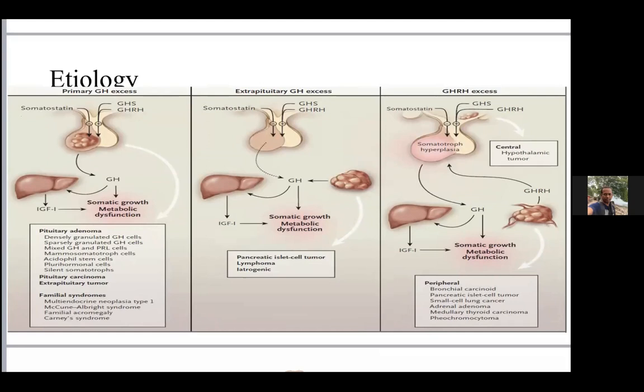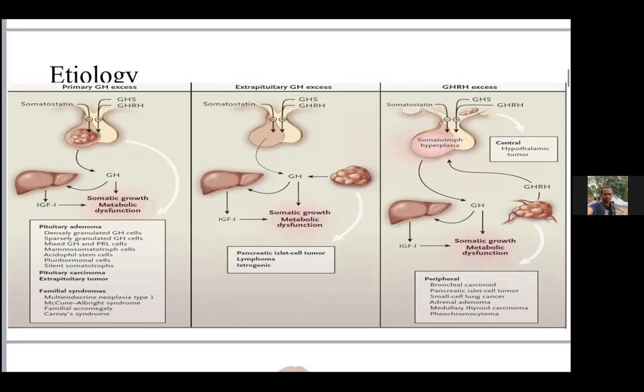These can produce growth hormone. And growth hormone releasing hormone excess. This can happen sometimes when an excess growth hormone releasing hormone is released from the hypothalamus itself, wherein it causes a somatotroph hyperplasia. So what is a somatotroph hyperplasia? These cells which produce the growth hormone are basically somatotroph cells which are present in the anterior pituitary.